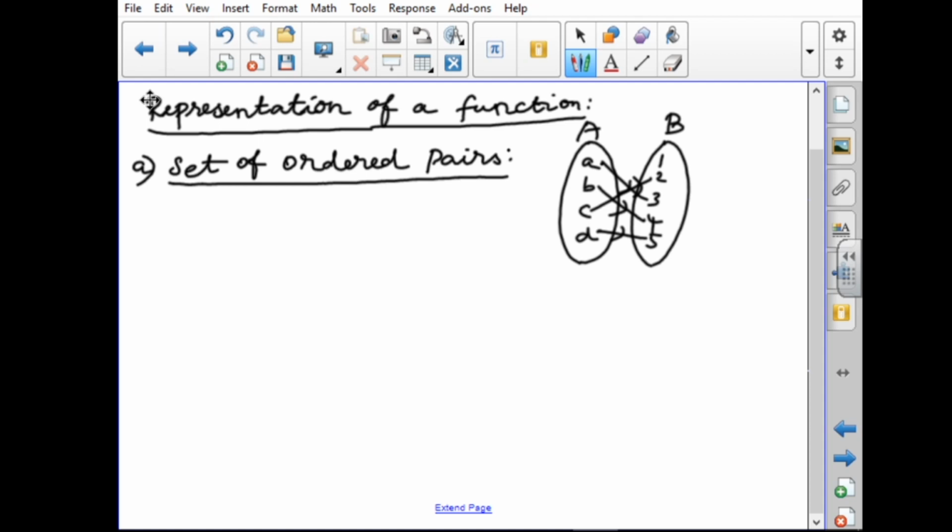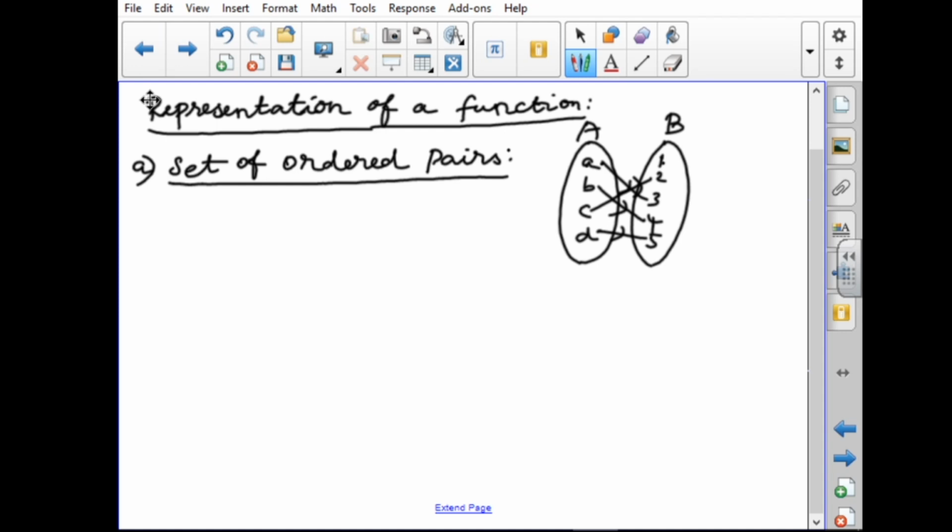The set A is mapping to the set B of elements. Here A is mapping to 3, B is mapping to 4, C is mapping to 2 and D is mapping to 5. But the 1 is not mapping to any element.